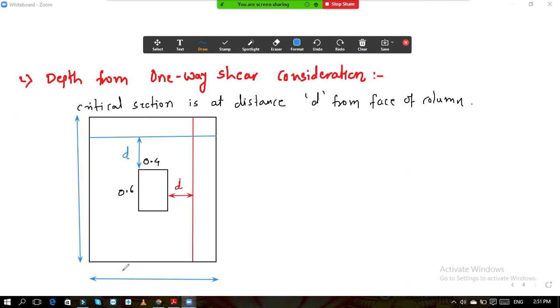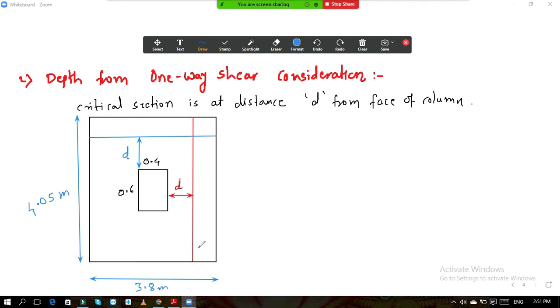It is 3.8 meter, so it is 3800 mm. Instead of that we will take in meter because we have taken 0.4, 0.6. So it is 3.8 meter and this is 4.05 meter.